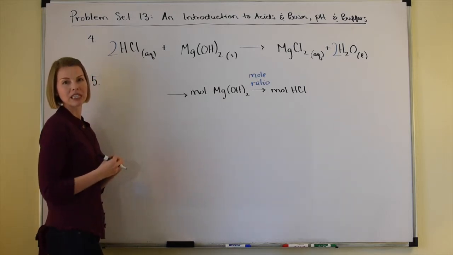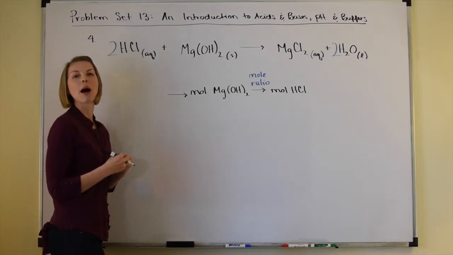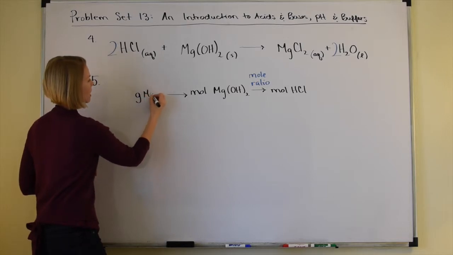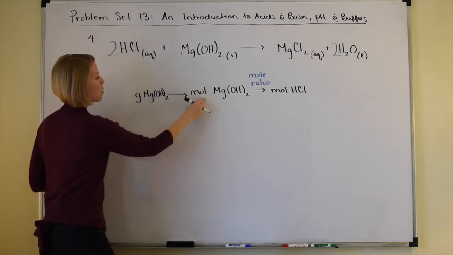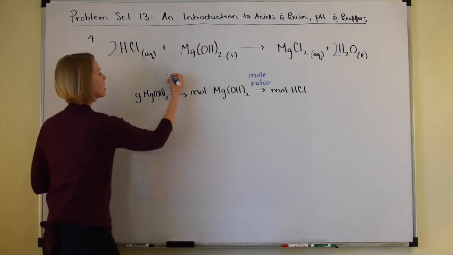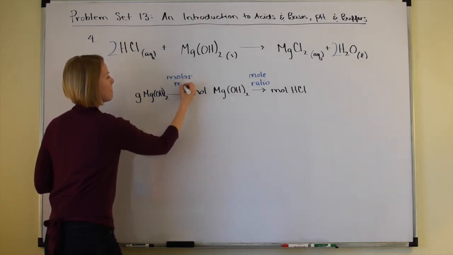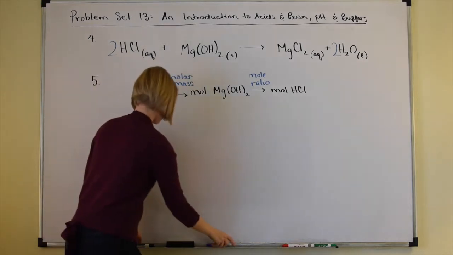We do that using the conversion factor called molar mass, and we can get that from a periodic table. So we can convert between grams of magnesium hydroxide and moles of magnesium hydroxide by looking up and using the molar mass of magnesium hydroxide.